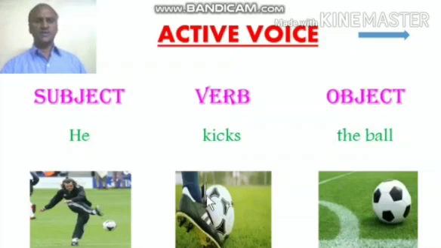He is the subject, kicks is the verb, ball is the object. Now, if you want to change from active into passive, we need to have three elements: subject, verb, object. Elements means things. So, three things must be there to change from active into passive. If there is no object, we cannot change the active into passive voice.